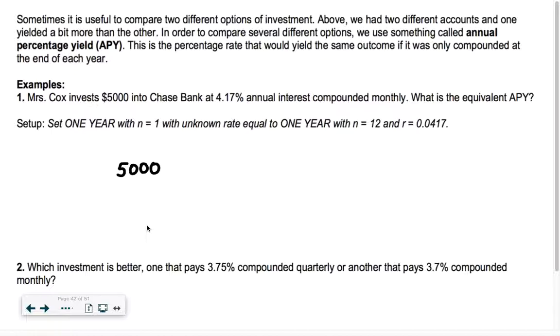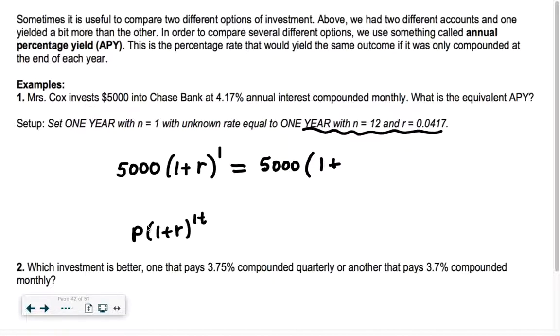And I'm going to say, well, what rate would I have if it was just compounded at the end of 1 year? This is like P times 1 plus R to the 1T. That's what we're using. That's going to be set equal to our $5,000, and then with all this stuff. So I'm going to do 1 plus my rate 0.0417 divided by 12 to the 12 times 1.